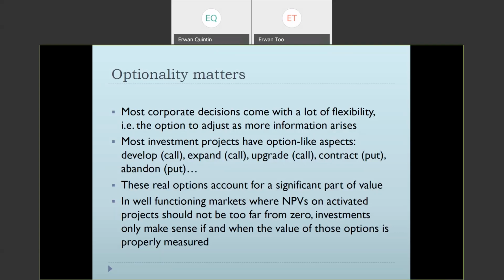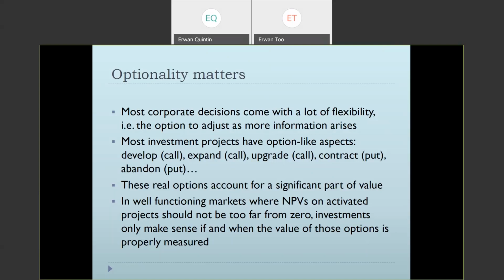It should be obvious to you that for any kind of long-term investment you can think of, these real options account for a significant part of value. Most long-term investment projects that we can think about, we would not take on without some flexibility. And in fact, you can make an economic argument for this. If we are in well-functioning markets, by which I mean markets that are essentially competitive, we know that the true NPVs of projects cannot be too far from zero.